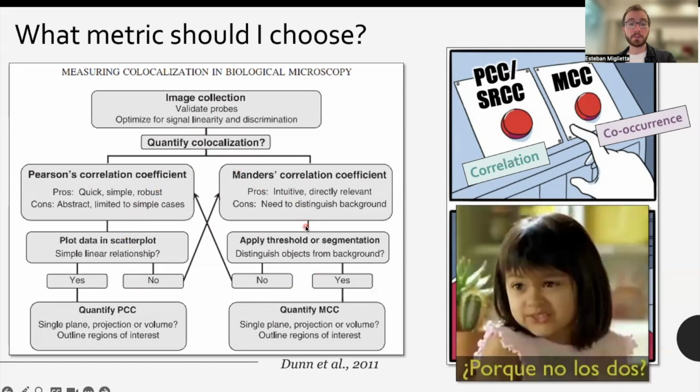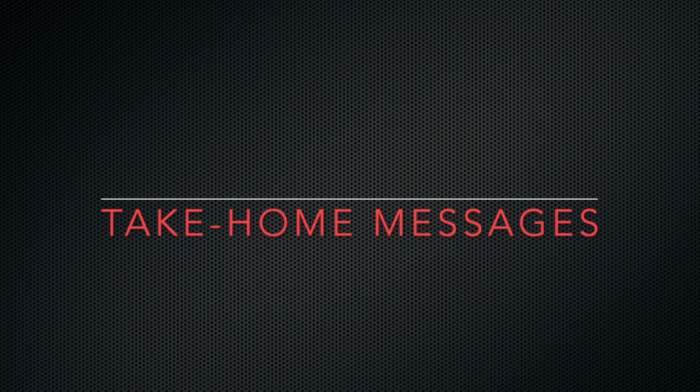But I would also suggest, ¿por qué no los dos? Meaning measurements of correlation and measurements of co-occurrence bring complementary information. So depending on what is your biological question, maybe the best thing is to combine and to report more than just one metric. So some take-home messages from this very long talk so far.